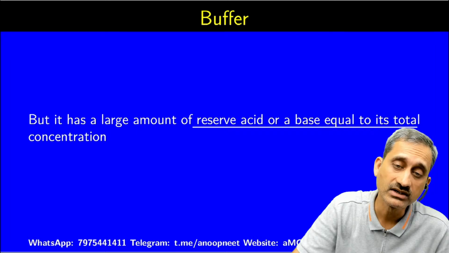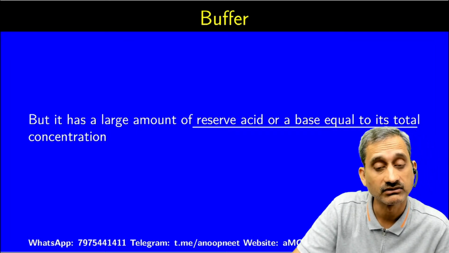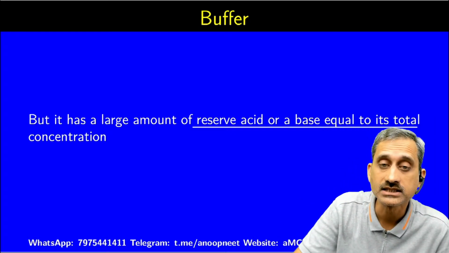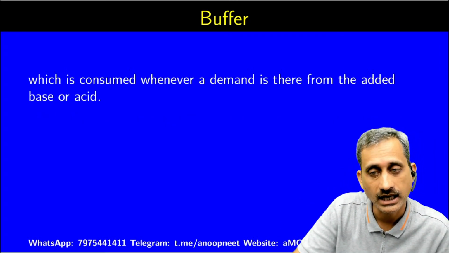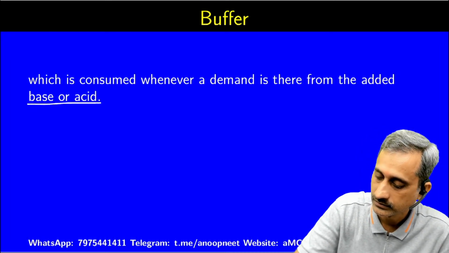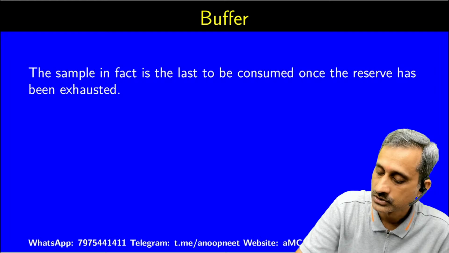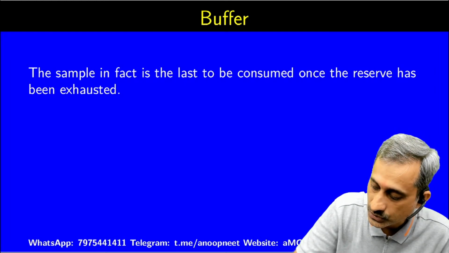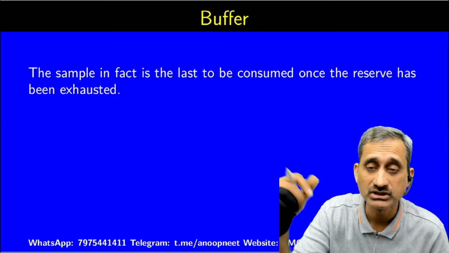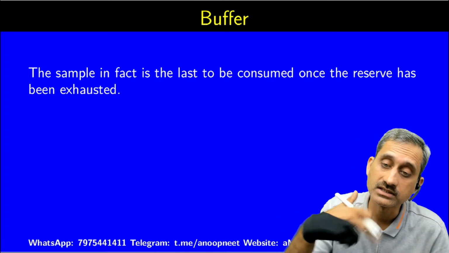So if we have a weak acid, it will resist the addition of a base. If we have a weak base, it will resist the addition of the acid. So the sample which is dissociated is actually the last one to be consumed once the reserve is consumed.